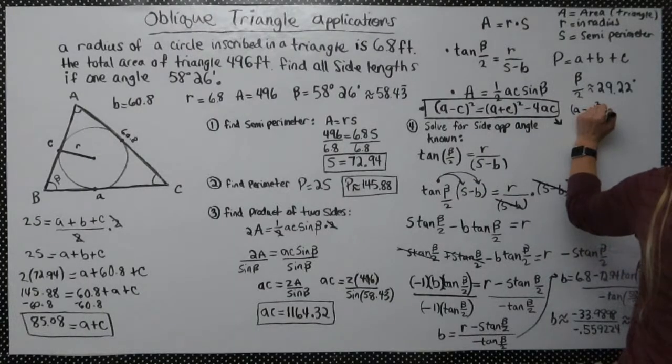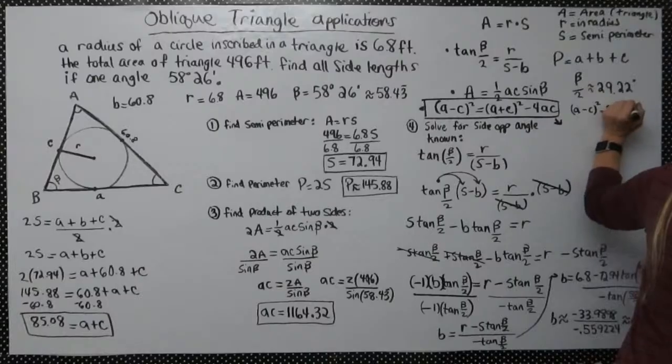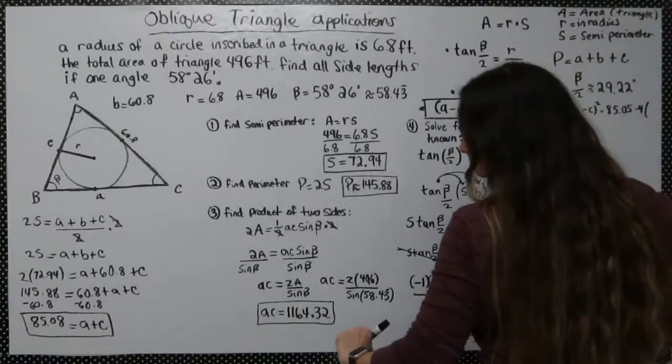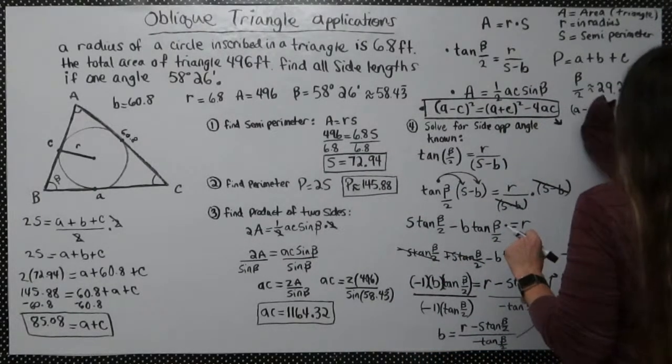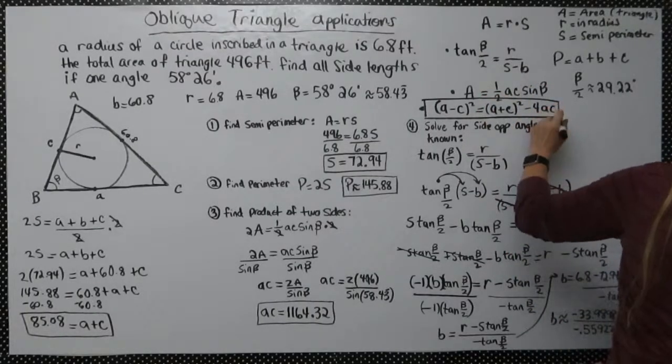So that equals 8508 minus 4 times 1164.32. I ran out of room, so let's sneak it in here.